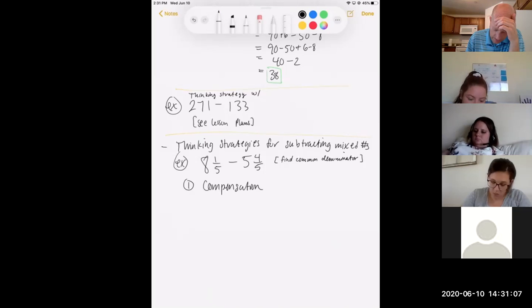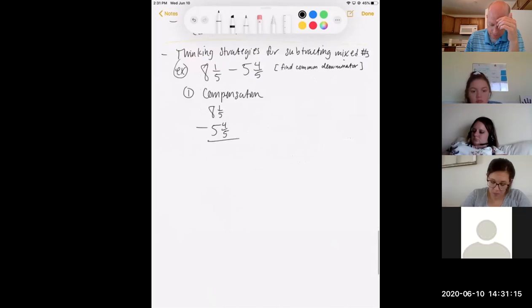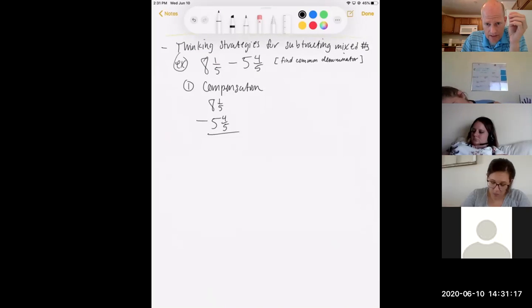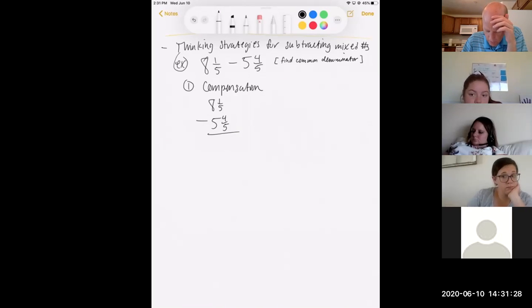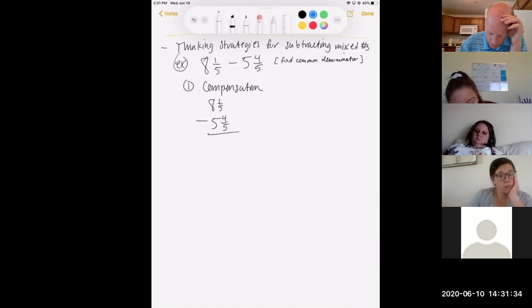It's a good way to change the numbers to make them easier to subtract. And I do my compensation vertically, but you can also do this horizontally if you want. 8 1/5 subtract 5 4/5. So when I'm going to subtract these two numbers, I'm going to compensate the bottom number, the subtrahend, to a nice round number, and then it'll be easy to subtract without any regrouping or pulling from the 8. So what can I add here?